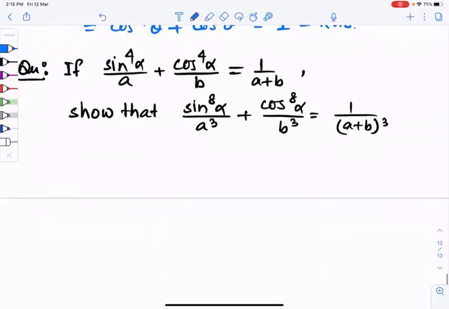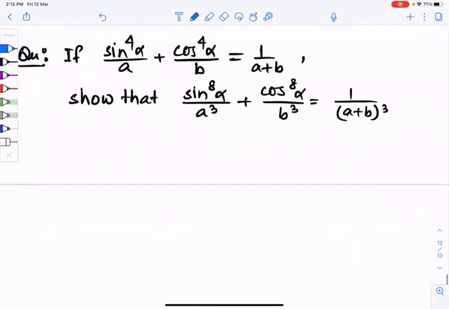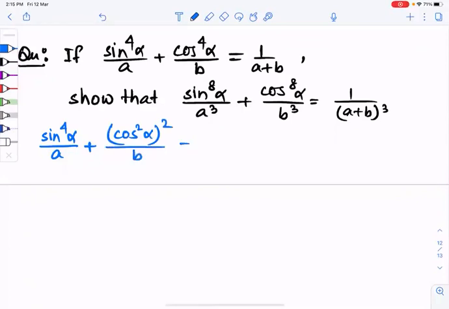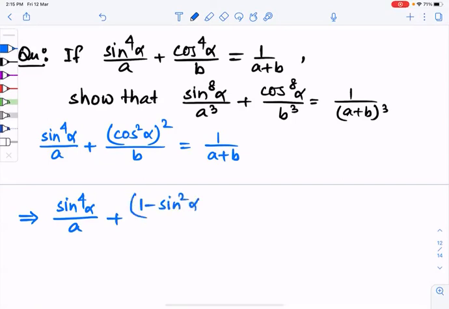First of all, we start with this: sin power 4 alpha by a plus cos power 4, that I want to write as sin square, cos square alpha whole square by b equal to 1 by a plus b. Now that will imply sin power 4 alpha by a plus, this one I want to write as 1 minus sin square alpha whole square by b equal to 1 by a plus b.